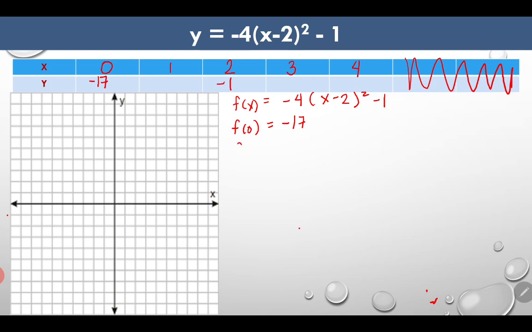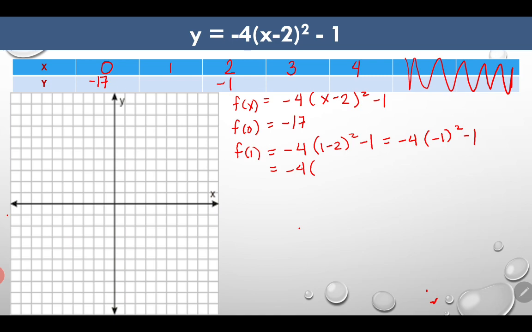What if x is equal to 1? So, lahat ng x, gagawin nating 1. So, negative 4 times quantity, imbis na x, ilalagay natin 1 minus 2 squared minus 1. Okay? Negative 4. Solve the operation inside the parenthesis first. 1 minus 2 is negative 1 squared minus 1. So, negative 4.